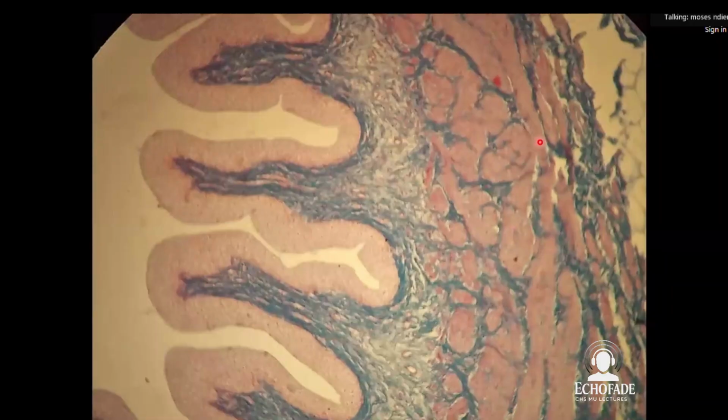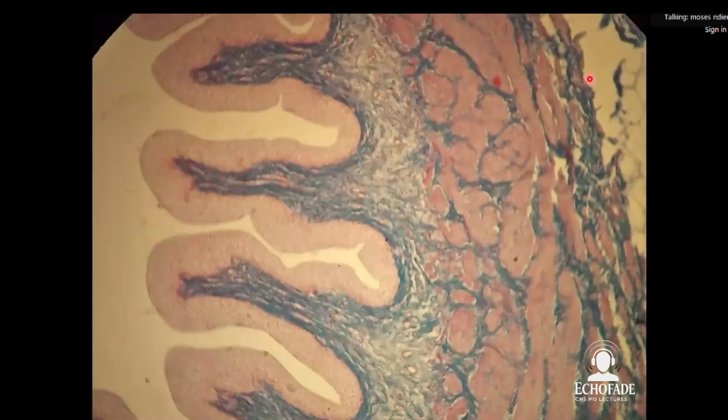And then the outermost layer of the urinary bladder comprises the tunica adventitia where it is not covered by peritoneum, that is, the anterior part and the lateral part of the bladder. It's not covered by peritoneum, so we refer to it as the adventitia, which is made up of connective tissue.